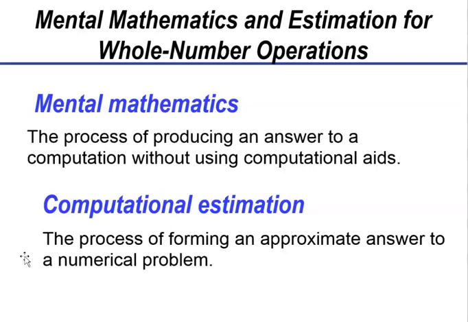So mental mathematics is an exact answer. You're just trying to do the work in your head, whereas estimation is not an exact answer, but it should be relatively close to the exact answer. And that's also so you could do things in your head and check if your answers are reasonable. It's a nice way to just check and see if you have a calculator answer that's reasonable.